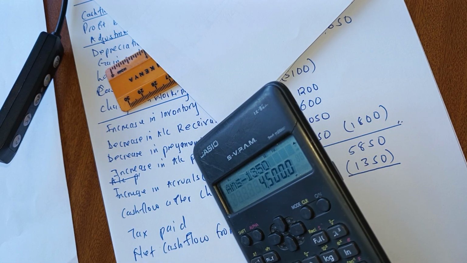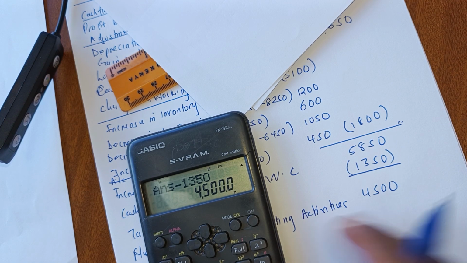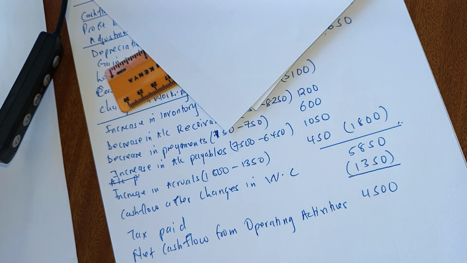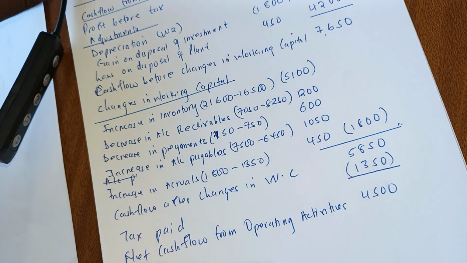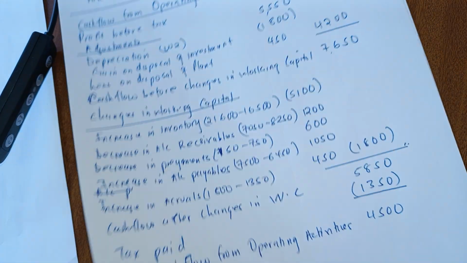The answer you get here is 4500. So that is our net cash flow from operating activities. It's always one of the somewhat complex ones. It involves many things because operations deals with the daily activities of the business, unlike investing activities.